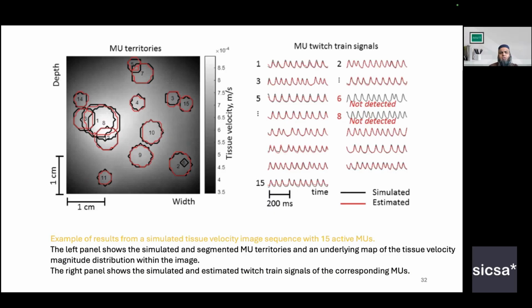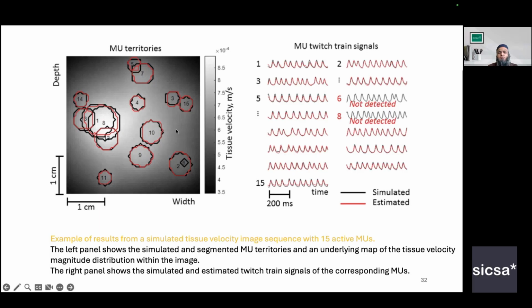When we increase the number of motor units beyond 5, here we are using around 16 motor units. Again the model is doing quite good, but the challenge is that for motor unit number 6, which I think is easy to spot in this figure, and for motor unit number 8, we are not able to perform the detection.